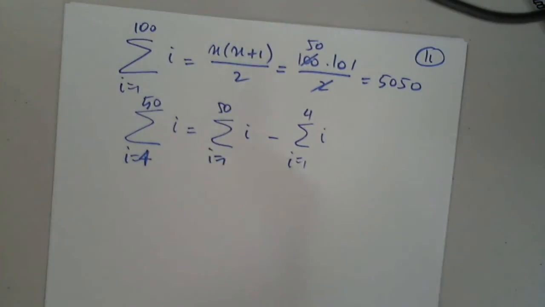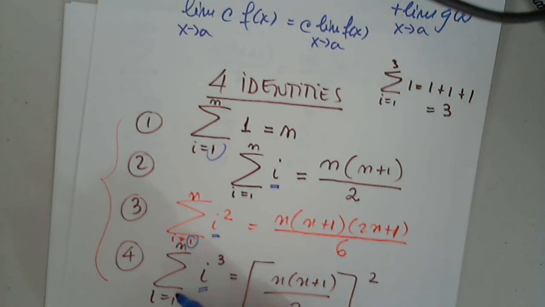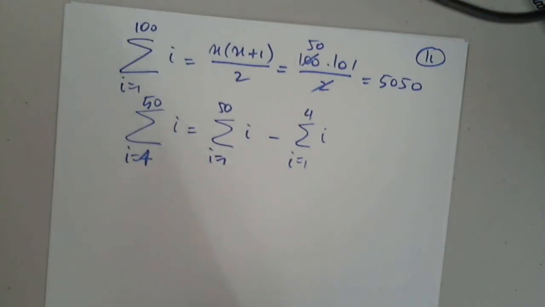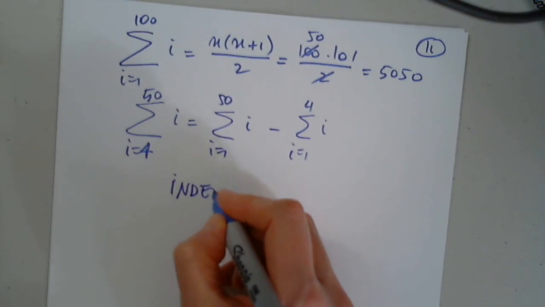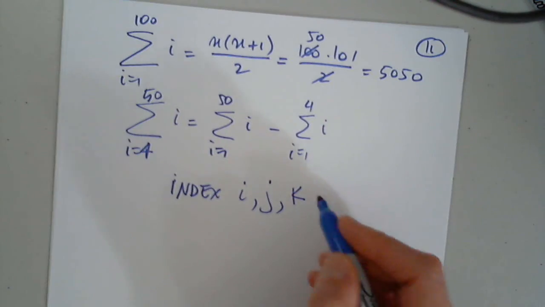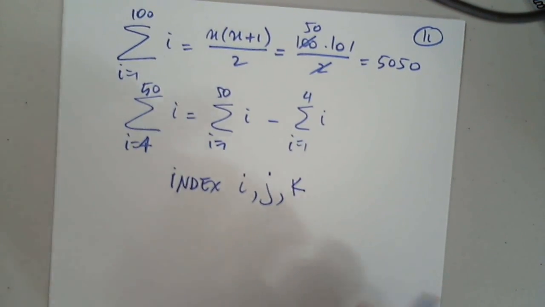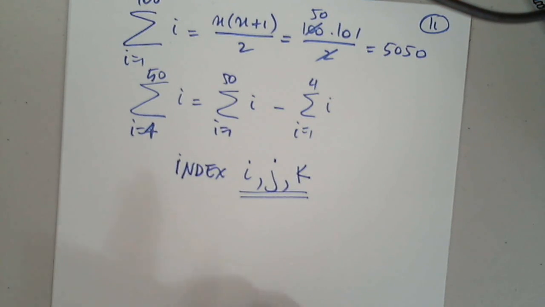But all our identities, careful, all identities start at 1 with an index of 1. Now you will find the index of the summation notation is I, sometimes J, sometimes K. It can be anything, but these are the most used, I, J, K.